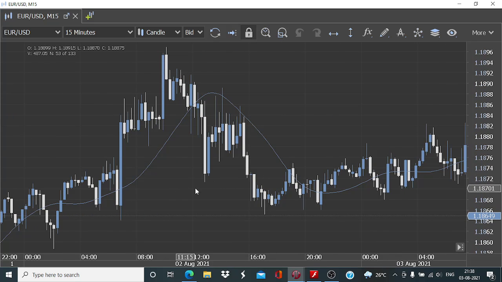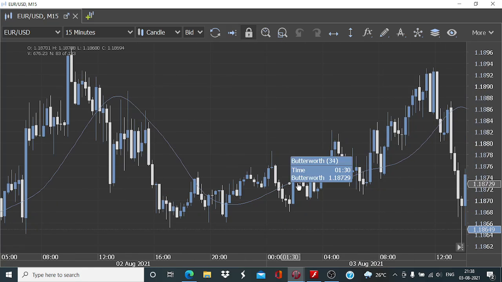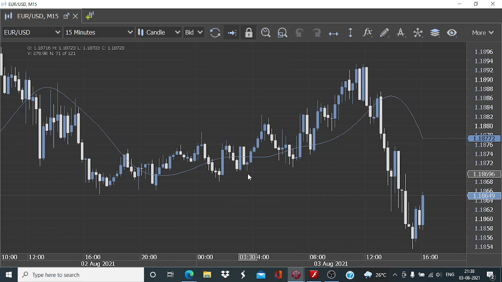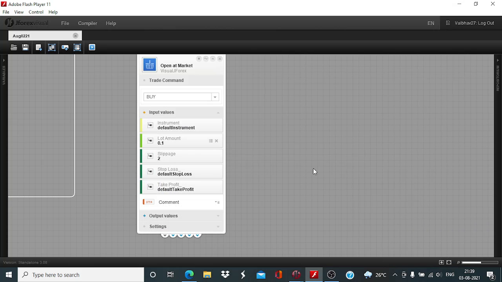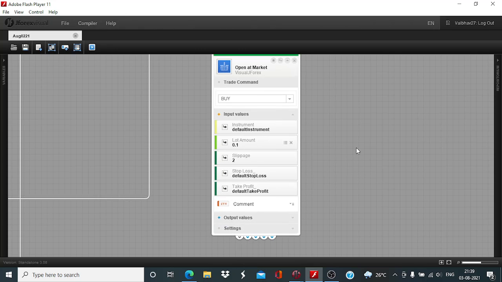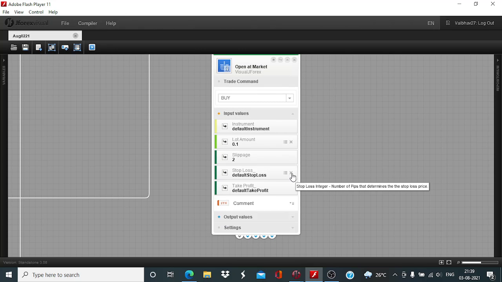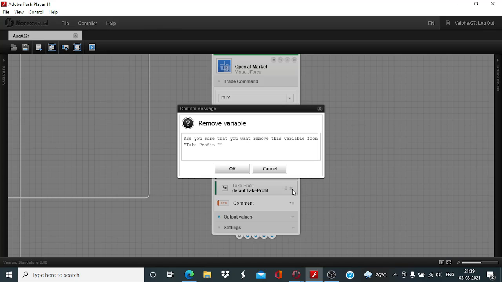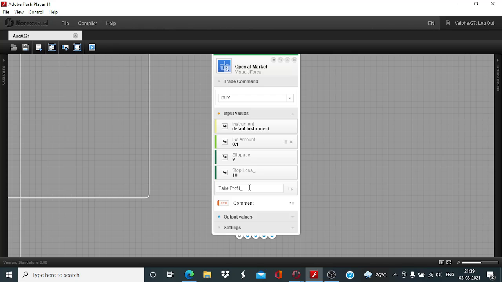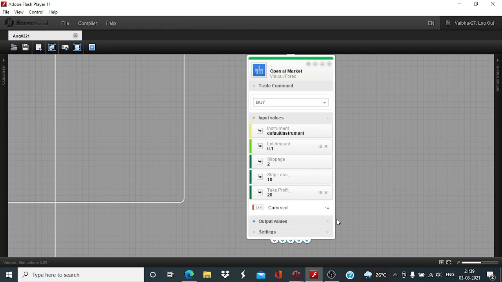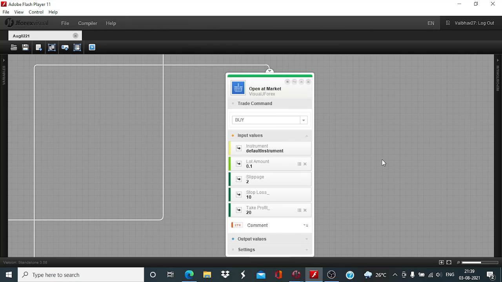Suppose if you don't want to go with the dynamic, maybe after a couple of months, you can look at the price volatility, and depending on that, you can go for a different combination. So this time around, we will work with a combination of 10 pips to 20 pips. So that is going to get us the risk reward ratio of 1 is to 2, and this is for the output value.